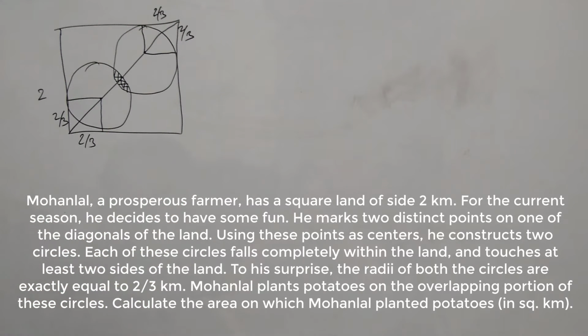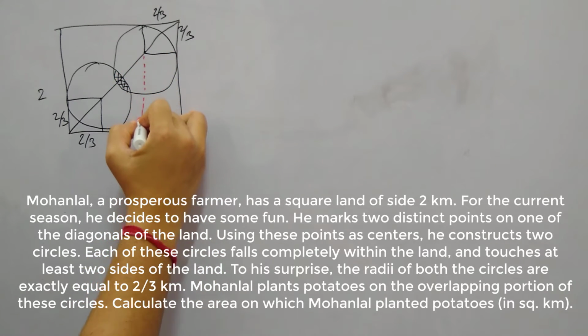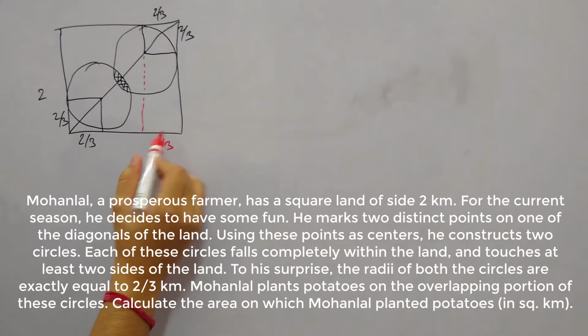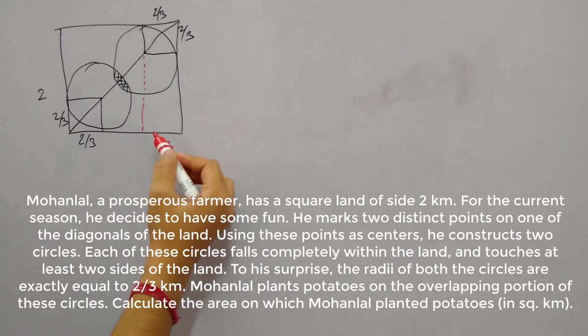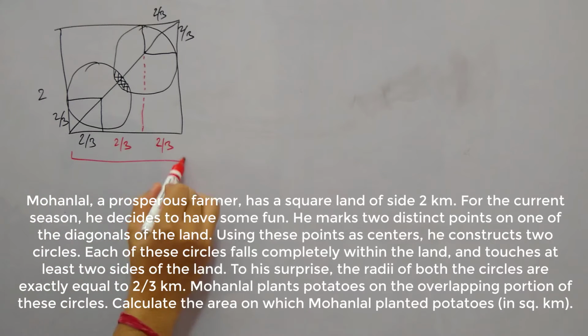Now if I extend this line, this side is already 2 by 3, and this is 2 by 3, so this will also become 2 by 3. Why? Because the total side of this square land is 2 kilometers and it is equally divided into 3 parts.